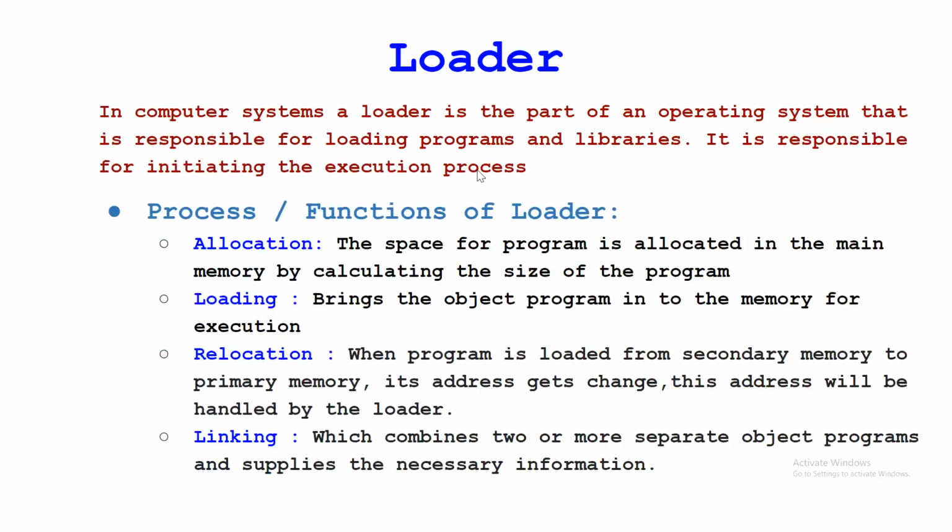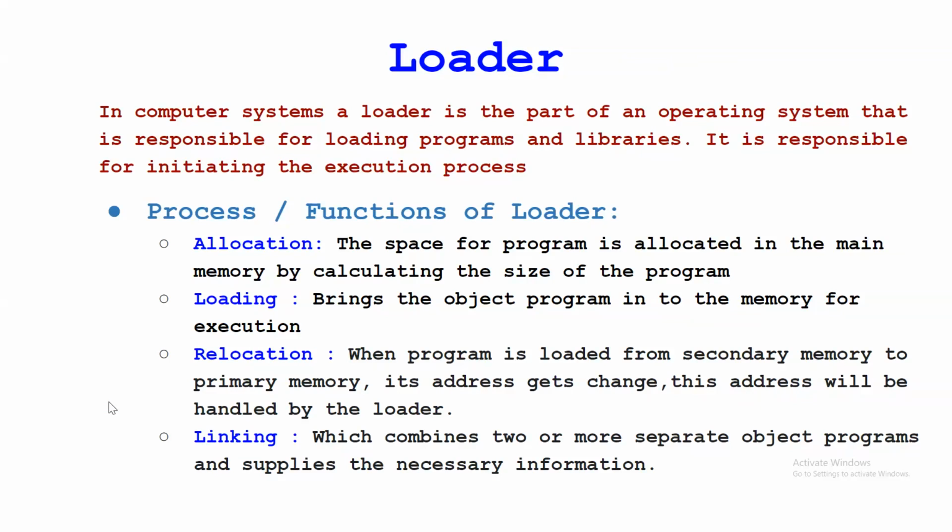Now see, the definition of the loader is what? In computer systems, a loader is the part of an operating system that is responsible for loading programs and libraries, not simply the program. We have seen in that example that the original program is a different thing, and the library, that is the sqrt library, is a different one.